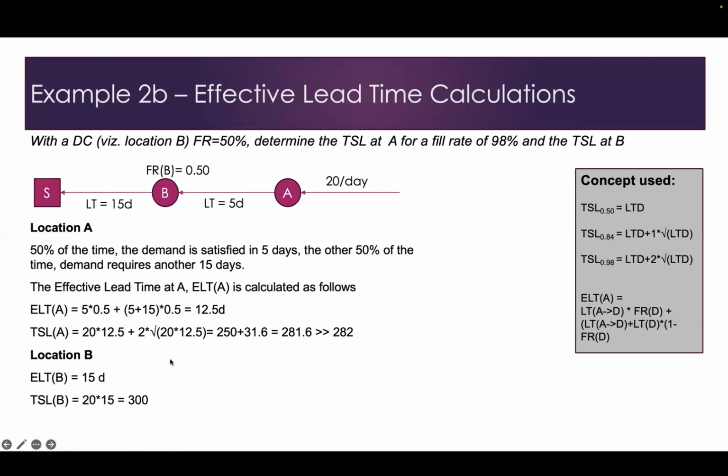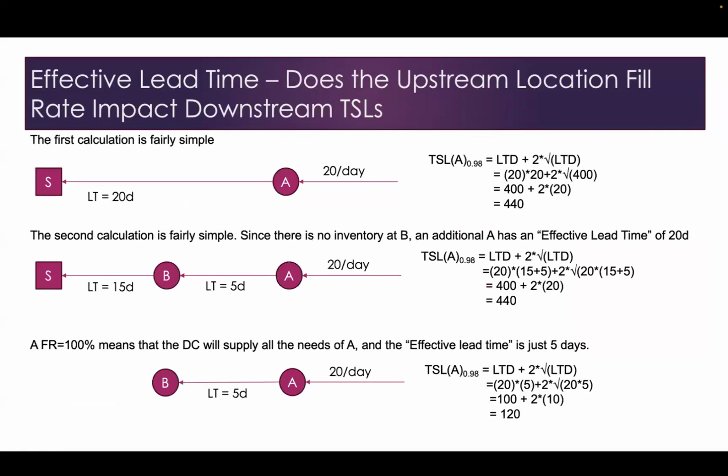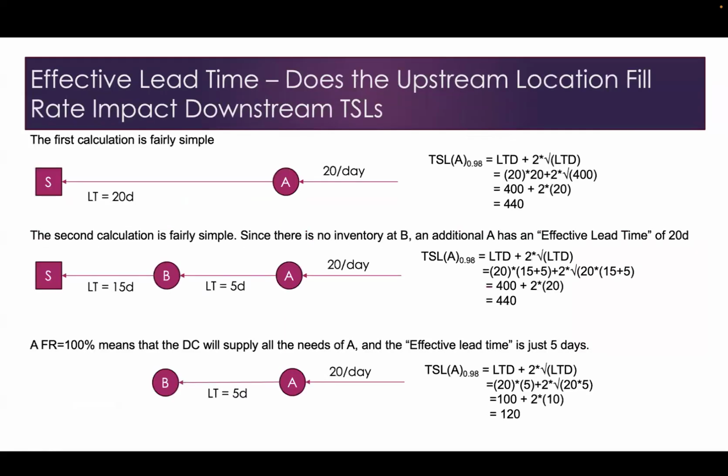Okay. Based on this, I have a question on the previous slide. Not this one, the earlier one, where we were calculating effective lead time when the fill rate was 100%. Yeah, the previous one. So basically, in that second case, Mumbai has everything.